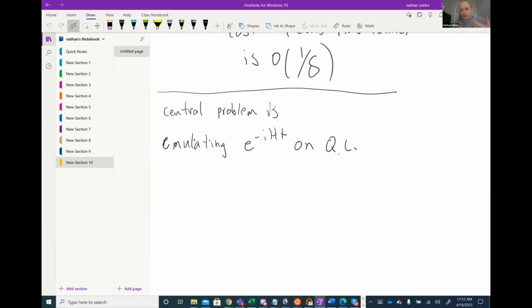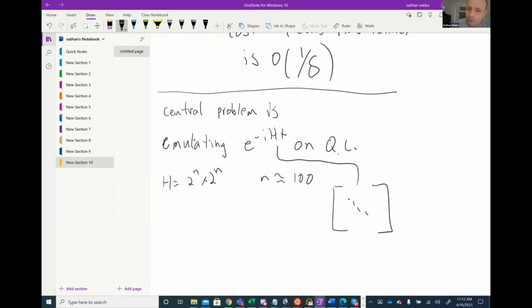And so this is actually a big challenge because, as I said before, this matrix H is a 2 to the n by 2 to the n matrix. And if n is on the order of 100 or bigger, then this matrix is enormous. There's absolutely no way that you're going to be able to brute force take this matrix and figure out how to translate it to a sequence of gates.